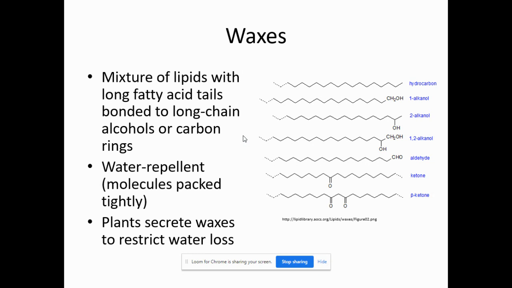They're water repellent. The molecules are really packed tightly together, and they're nonpolar. Okay, and so they don't readily dissolve in water, which makes these wax molecules water repellent. And we see a lot of waxes produced in plants because it helps them to restrict water loss.